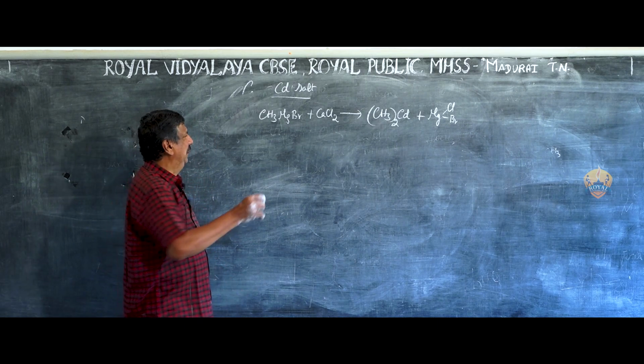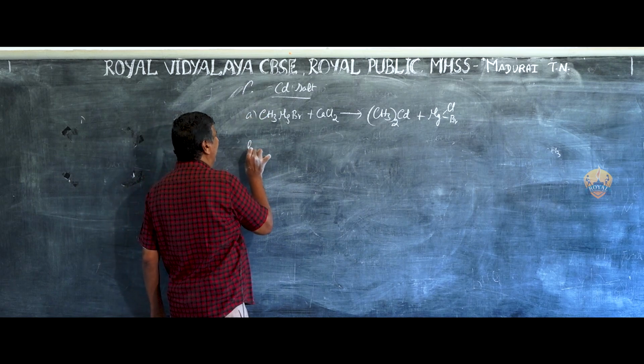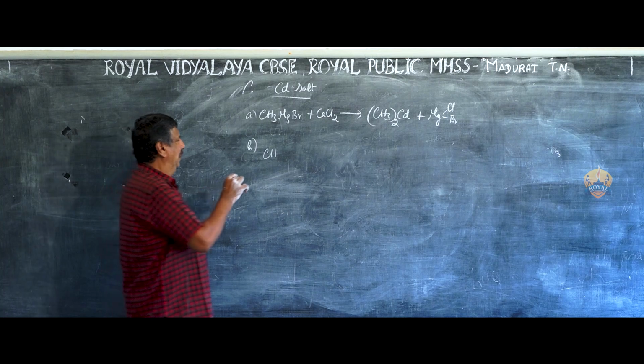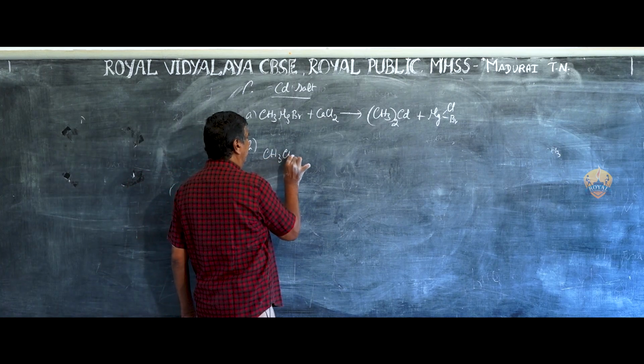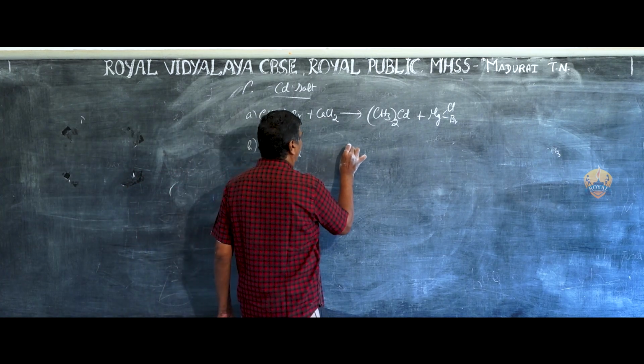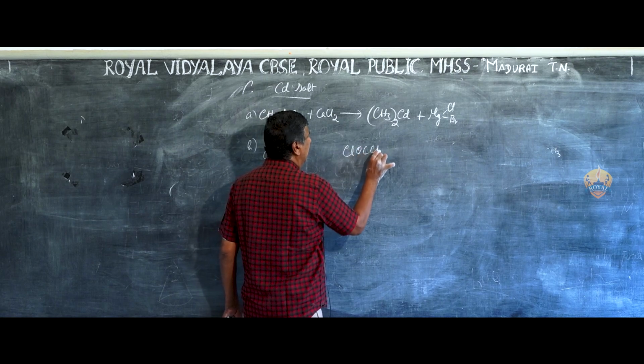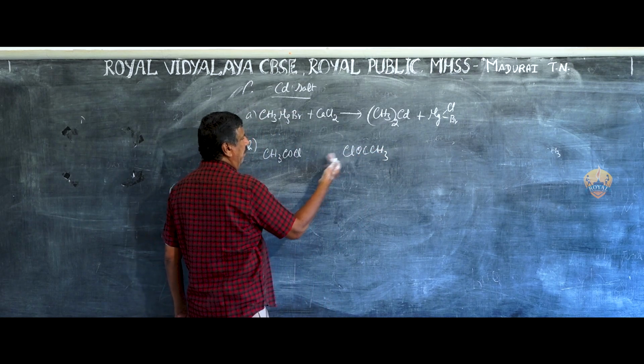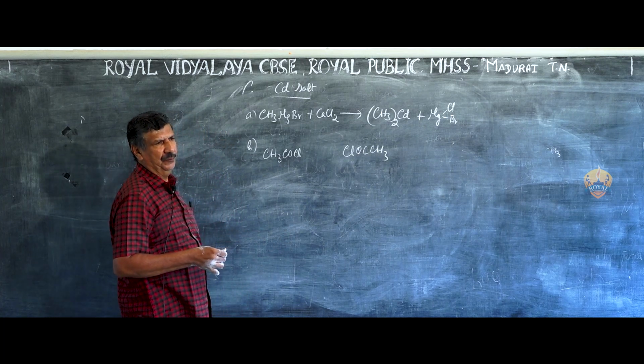Then what will happen? This is the second step. What will you do in the second step? You write 2 acetyl chloride, one in the straight form, one in the reverse form.